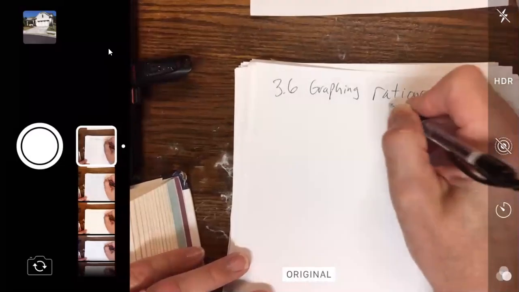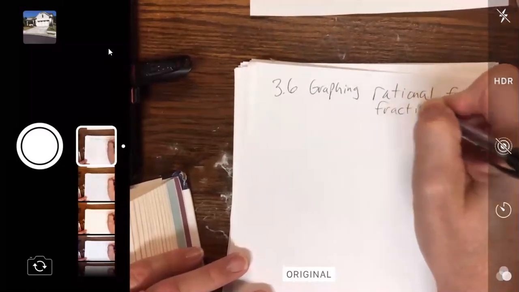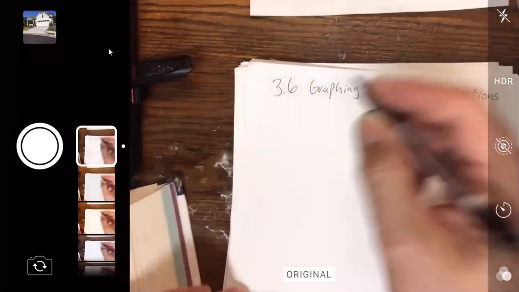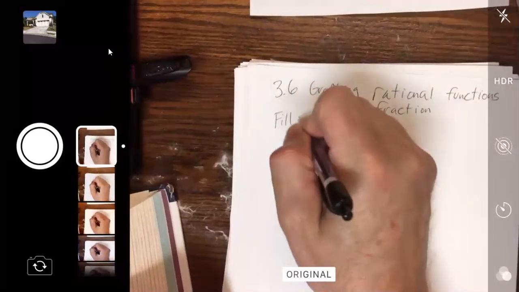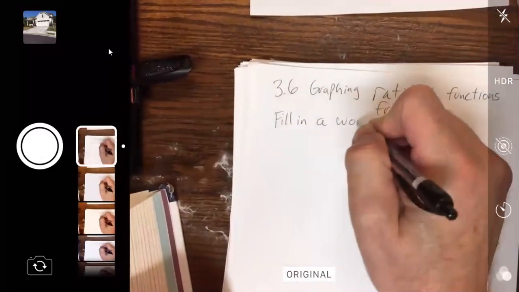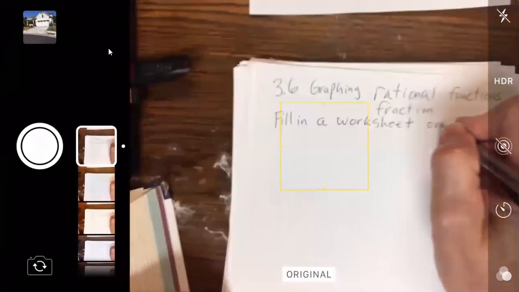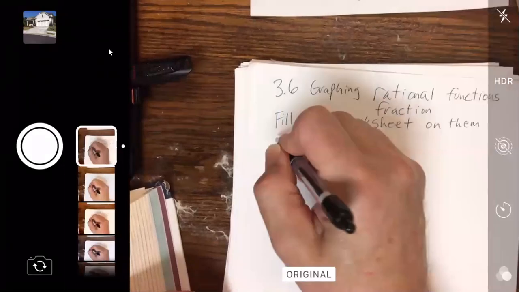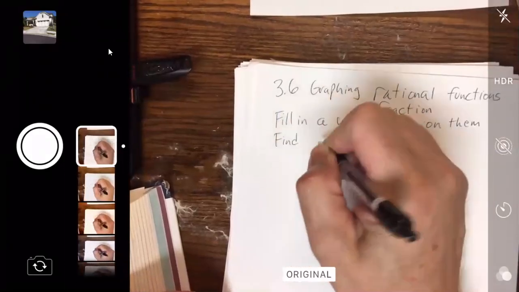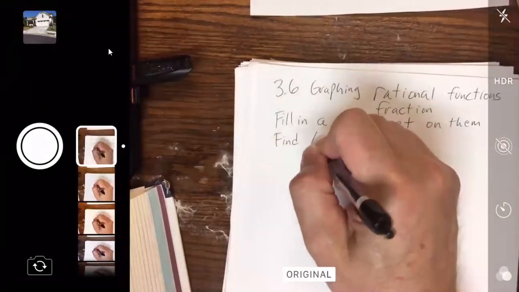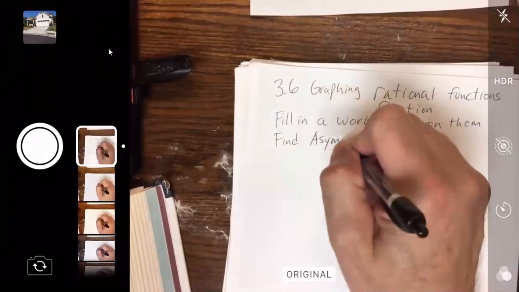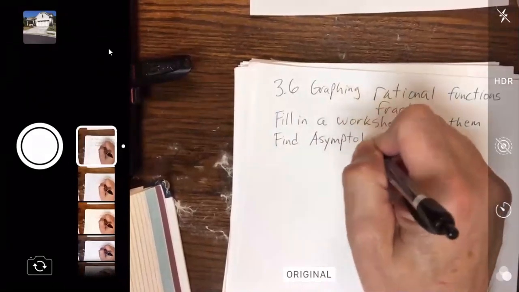We see the word rational, think fraction functions, and filling in a worksheet about them. They're going to want you to find asymptotes. You know what those are? Yes. Okay.